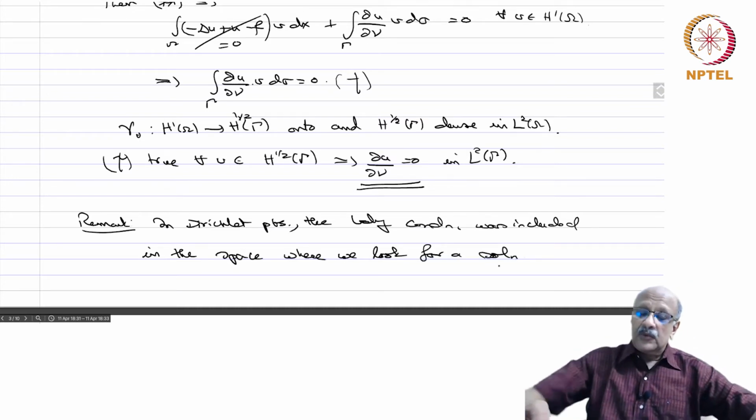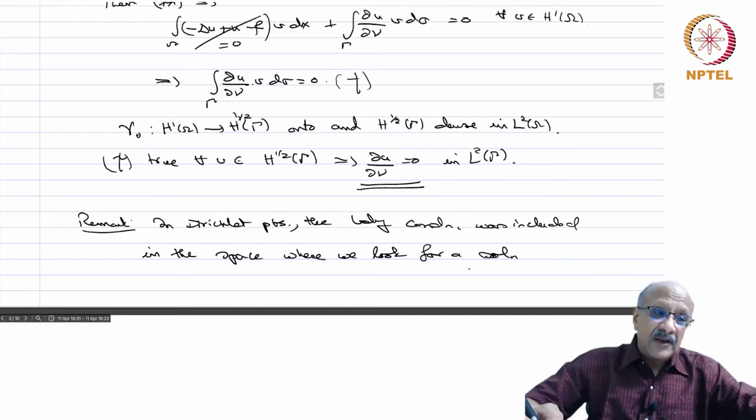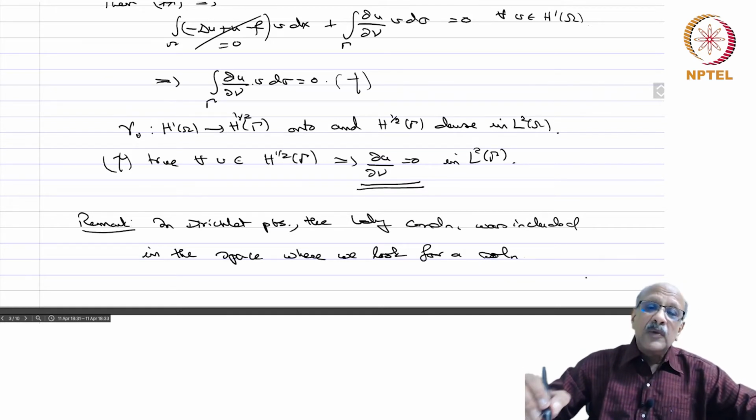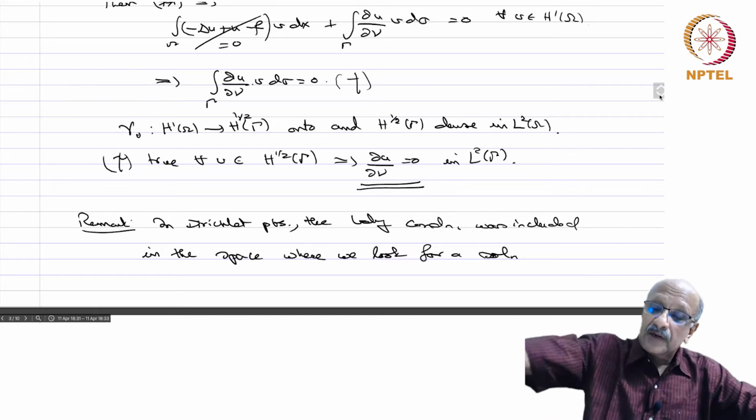So we worked in H10, or we worked with the translate of H10 by means of a lift of the boundary condition, so that all functions where we are looking for a solution will automatically satisfy the boundary condition.